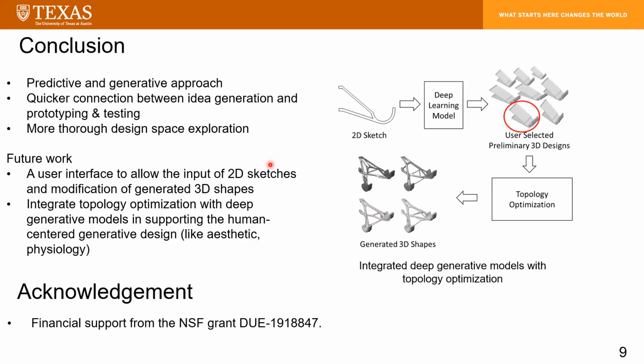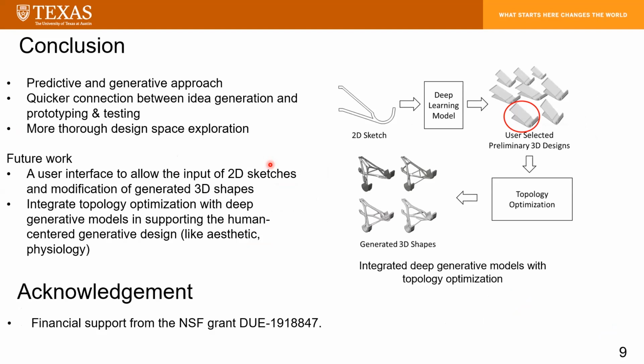So in conclusion, we propose a method that could be both predictive and generative, which can quickly connect the idea generation to the prototyping and testing, and which can also allow more thorough design space exploration.